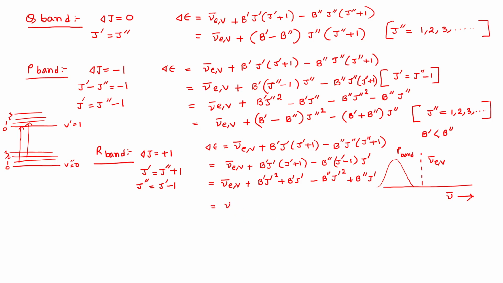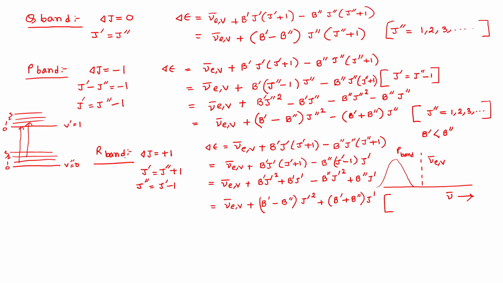So we are going to get nu band origin plus B dash minus B double dash. I will take common J dash square. Then we have B dash plus B double dash J dash.